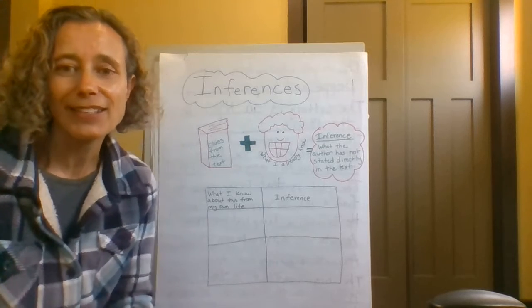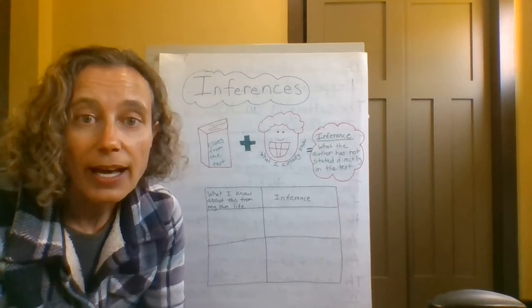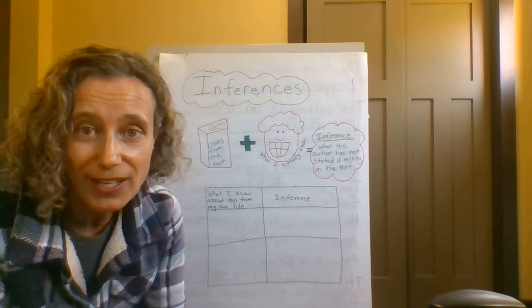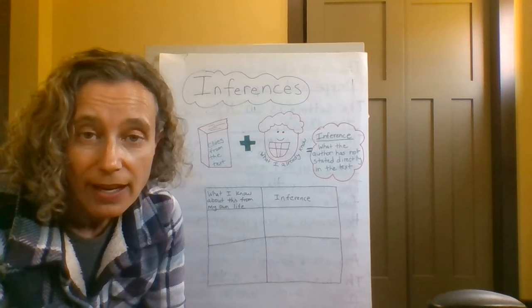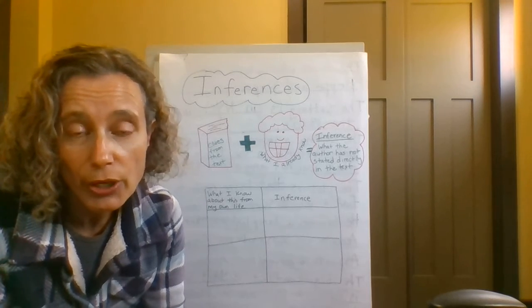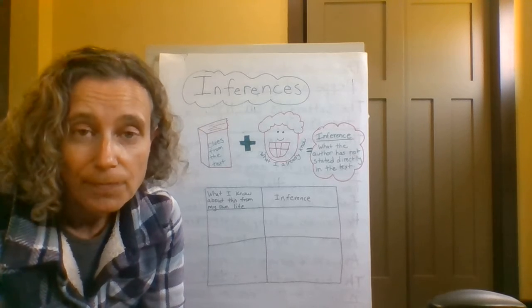For IDR this week, I would like you to think about a text when you're reading. Think about what kind of inferences you can make about how a character is feeling, or you could infer a character's actions.